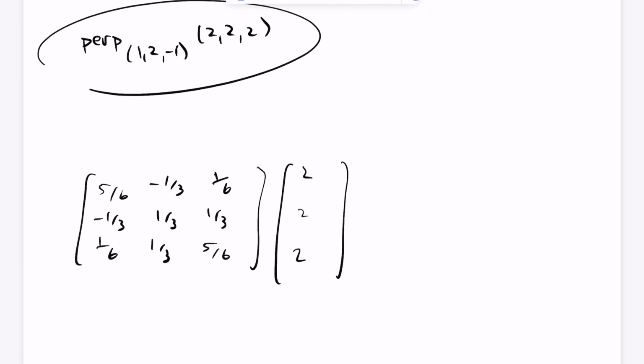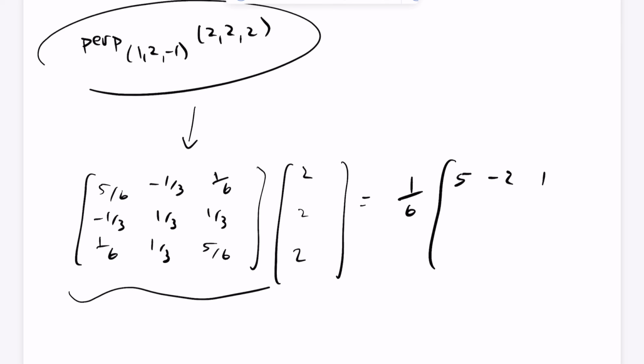Another option is to factor a sixth out of this matrix. If I take a 6 out of every entry, this is going to be 5, negative 2, 1. Then negative 2, 2, 2, and this is going to be 1, 2, 5.